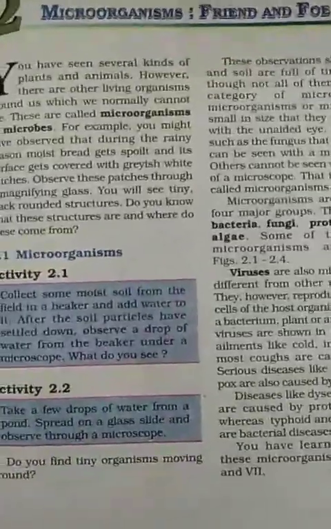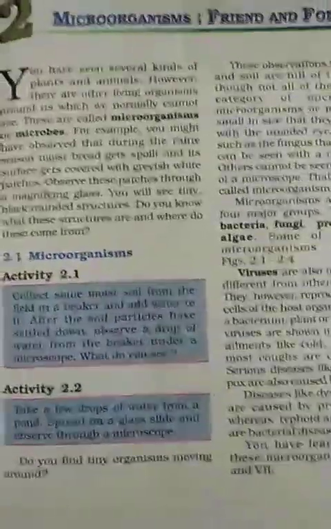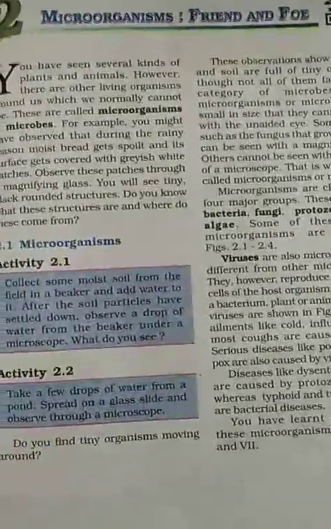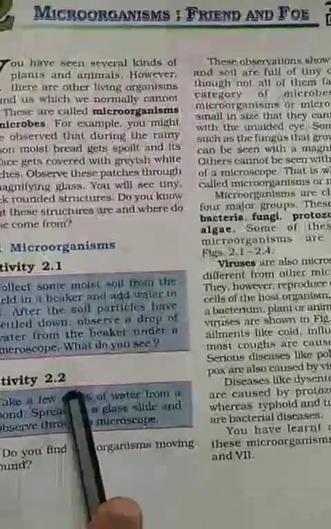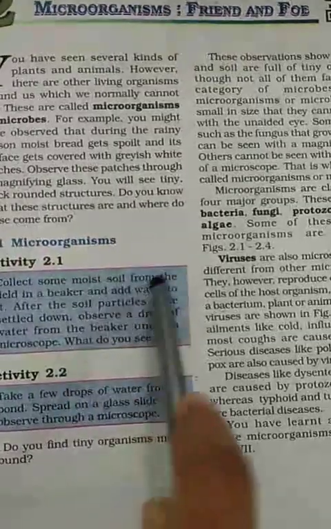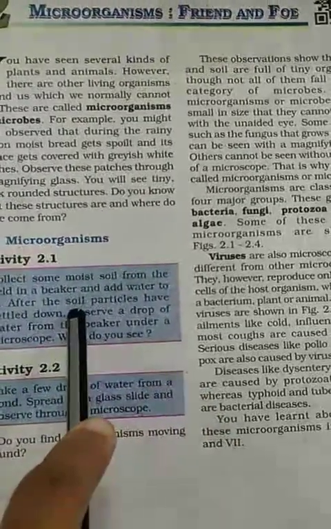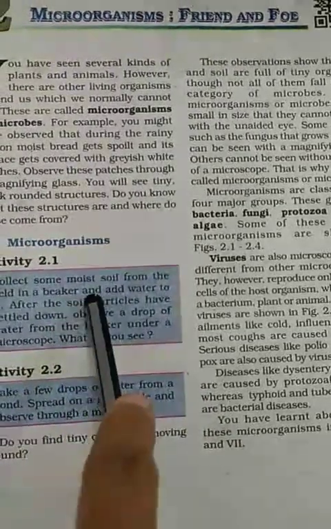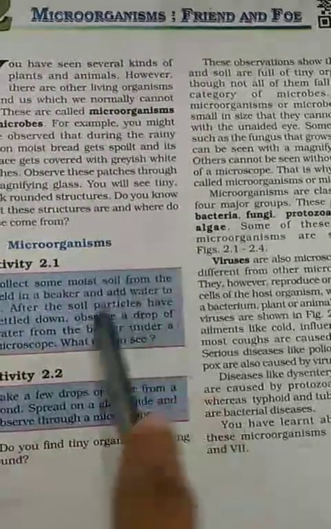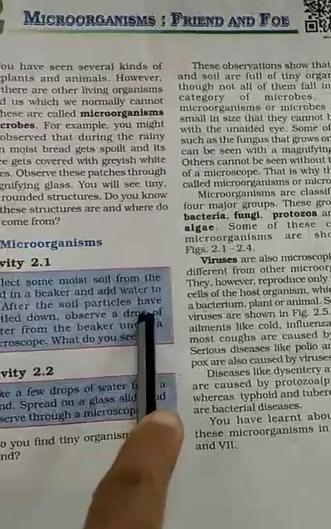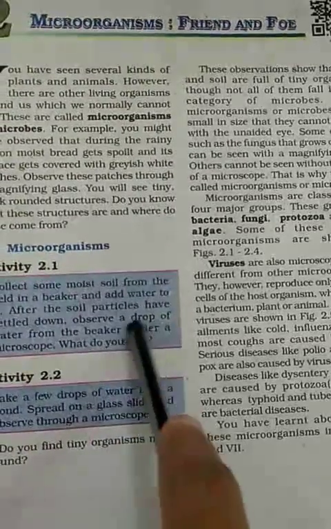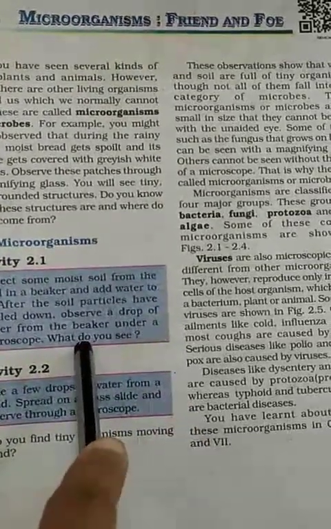Now the next topic we are going to study is microorganisms. Here two activities are given, 2.1 and 2.2. You have to collect some moist soil from the field in a beaker, add some water, let the water settle down, and observe a drop of water from the beaker under a microscope.